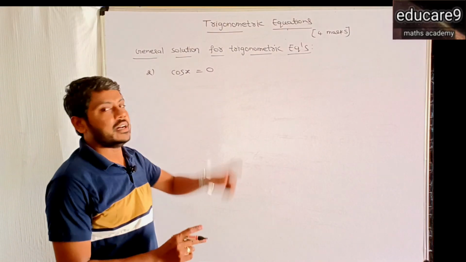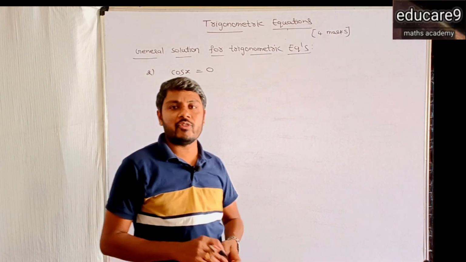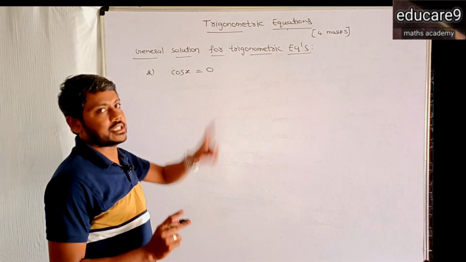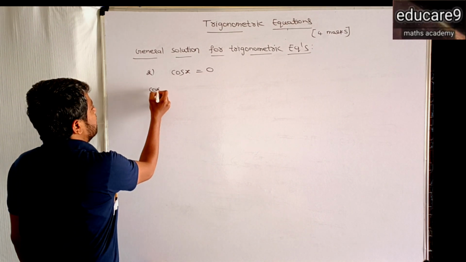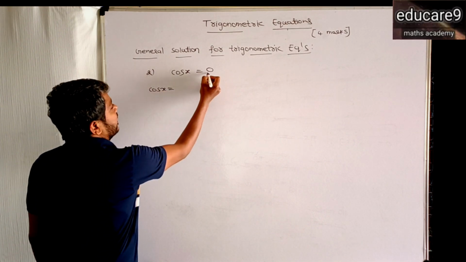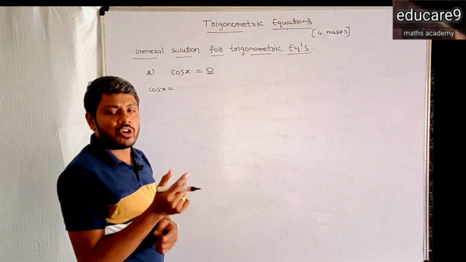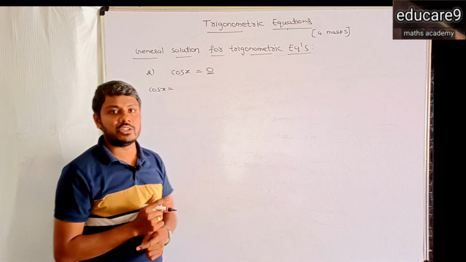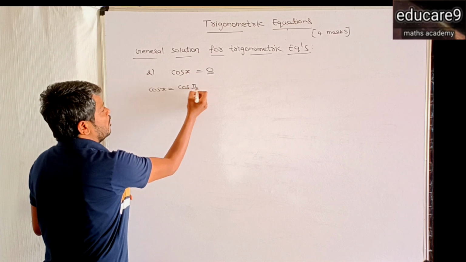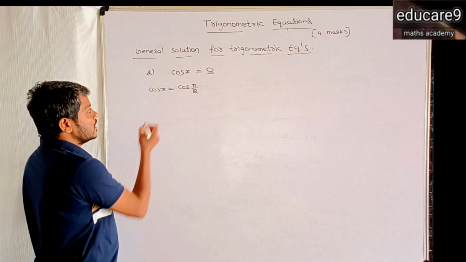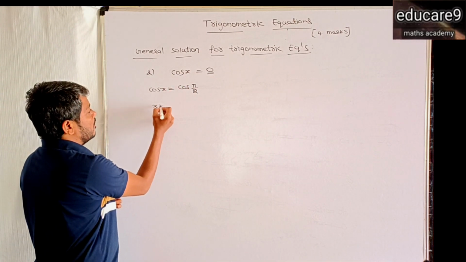Next one, cos x equal to 0. Here also you can find the general solution for cos x equal to 0. Here, cos x is equal to 0, which you can write in terms of cos. We know that cos 90 value is 0. So write 0 as cos 90, that is pi by 2. Clearly what is the value of x here? Pi by 2.